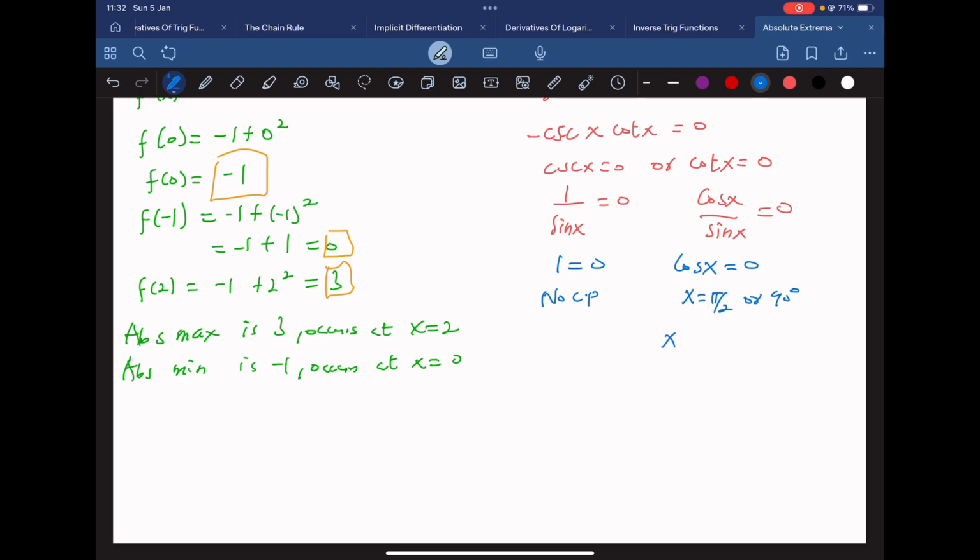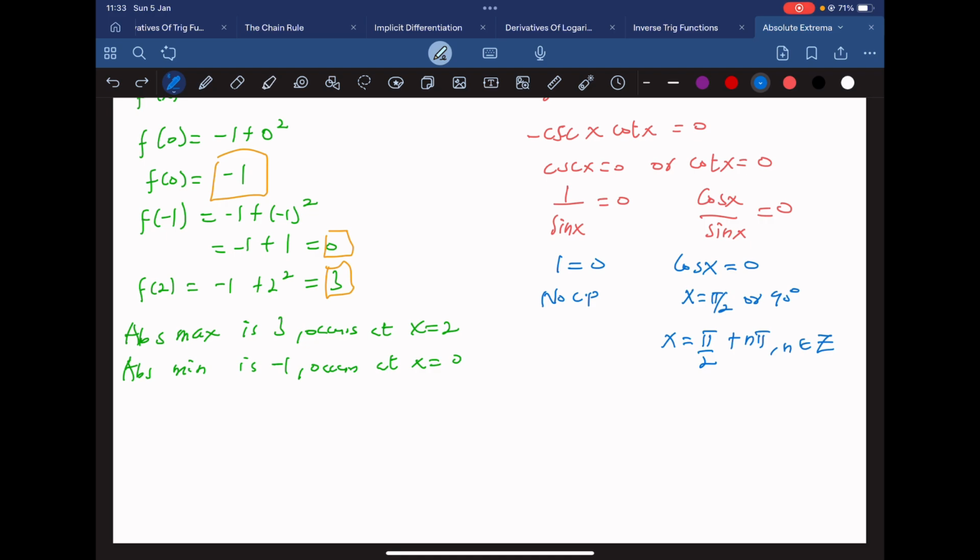So our x is pi over 2 plus a multiple of pi, where n is just all integers. So all integers are going to satisfy this condition right here. So when we have pi over 2 plus n pi, if you put it over here, it should satisfy.